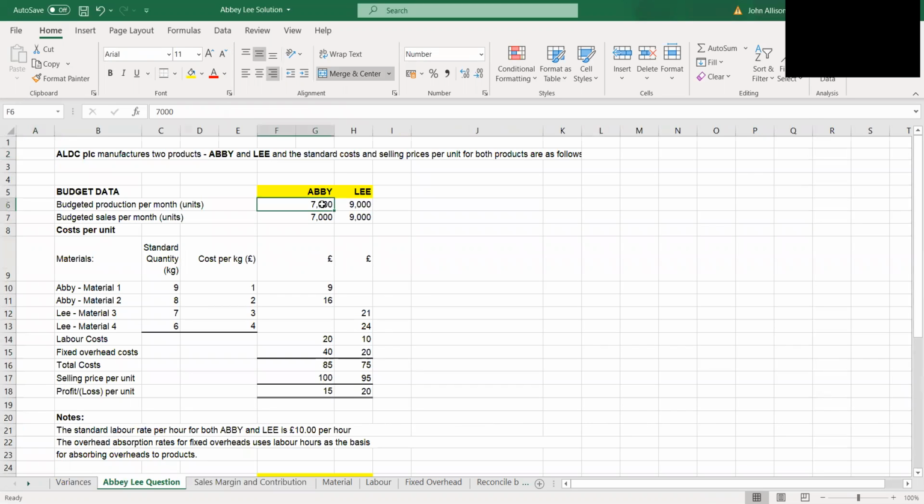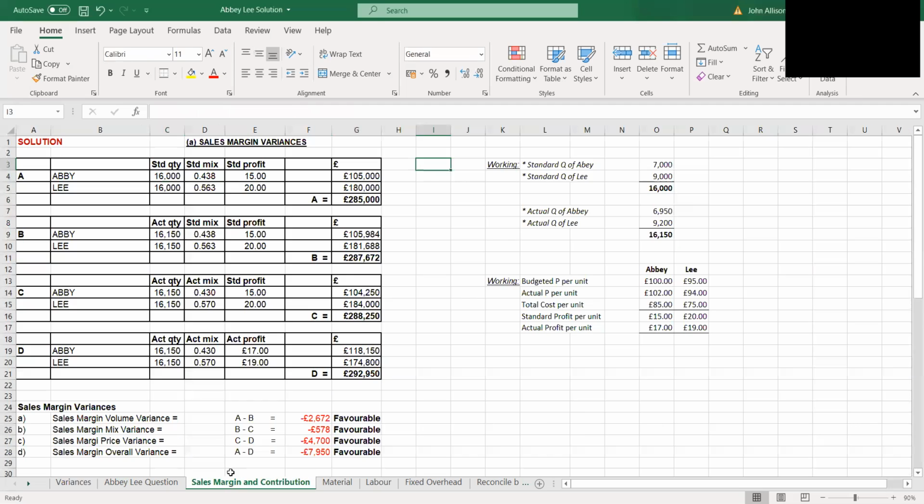We see there's 7,000 units budgeted for Abbey and 9,000 units budgeted for Lee. So the standard quantity expected to be produced is 7,000 plus 9,000, which is 16,000 units.